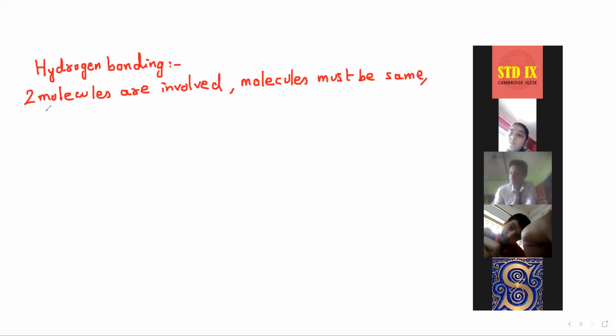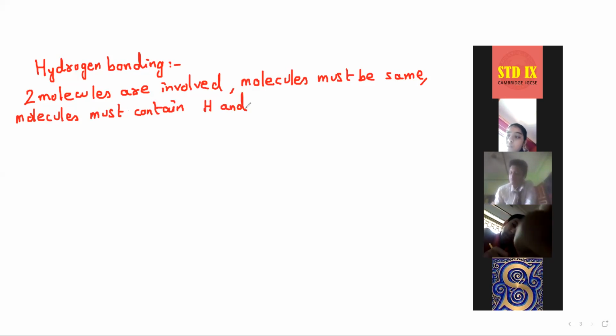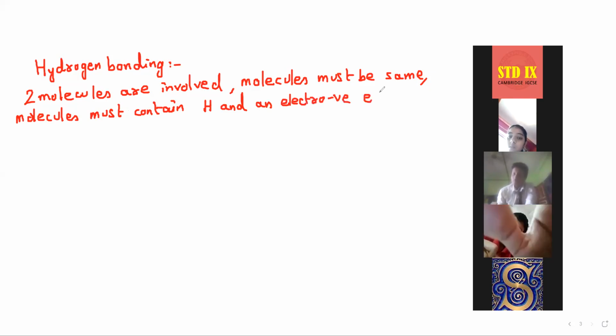Molecules must contain hydrogen and an electronegative element.